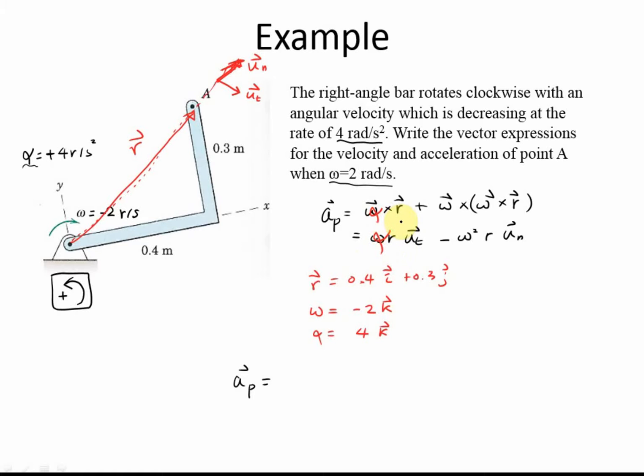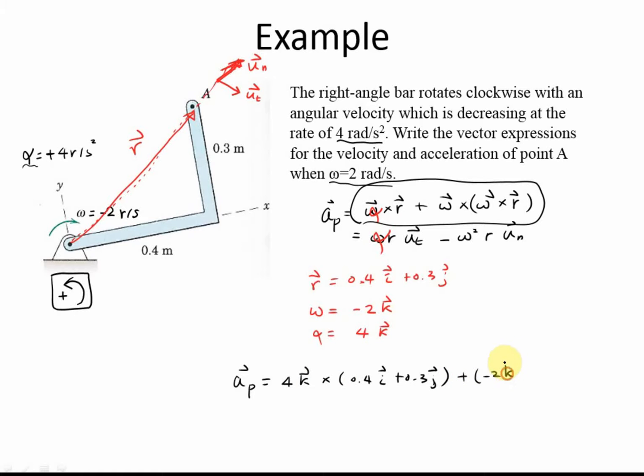My alpha is 4k, so following the pure vector formulation, 4k cross product r, plus omega is minus 2k, cross product of minus 2k, and r, which is 0.4 i plus 0.3 j.